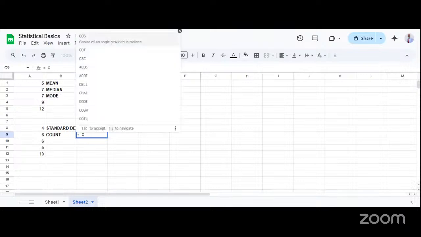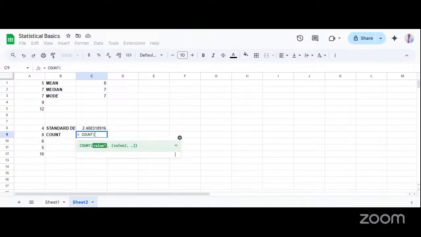To actually use a count, you just type in count. A count is also a function in spreadsheet software. So count A8 to A12. We see that we have five values here. So that's basically how a count works. Take note of that one too.